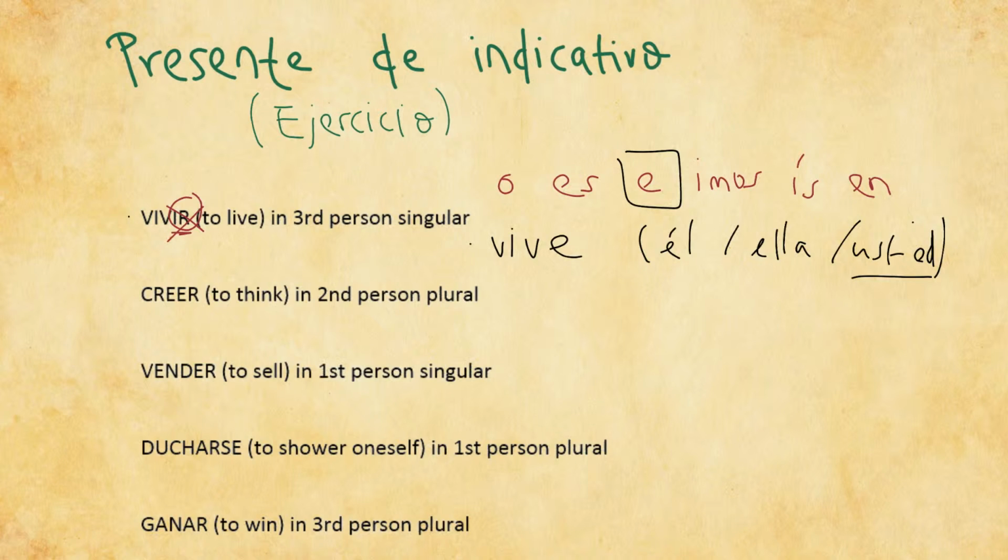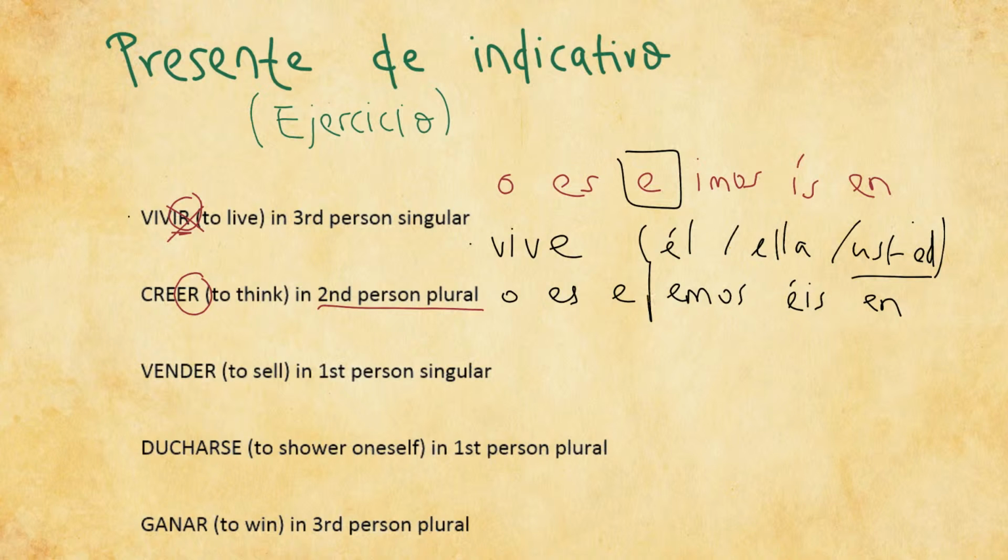Let's take a look at the next verb, which is creer. It means to think, and we want the second person plural. So again, first of all, we take a look at the ending, which is ER. The endings for ER are o, es, e, emos, éis, en. And since they want the second person plural, which is you, plural, I'll just write them out again. O, es, e, emos, éis, en.